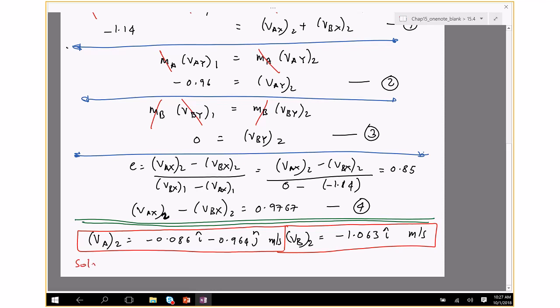This comes from solving 1, 2, 3, 4 for the unknowns VAx2, VBx2, VAy2, VBy2.